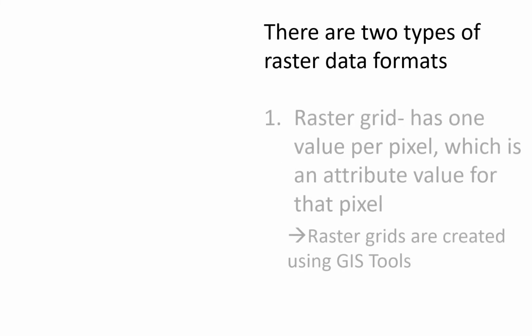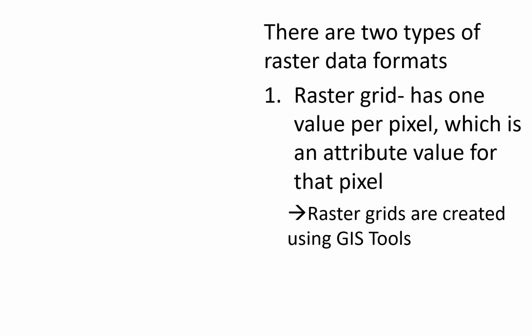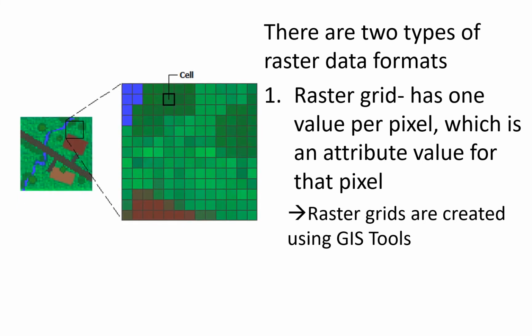There are two types of raster data formats. One we call raster grids, which have one value per pixel, which is an attribute value of that pixel. These raster grids are created using GIS tools. We're going to see how.